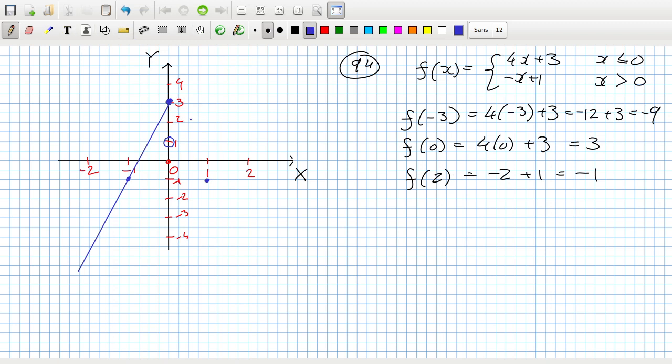So the graph will look like this then. Yeah, okay. I think that's okay. That's 94. It's rising, and then it's falling. Okay, I think that's fine. Okay, let's have a look at the next one.